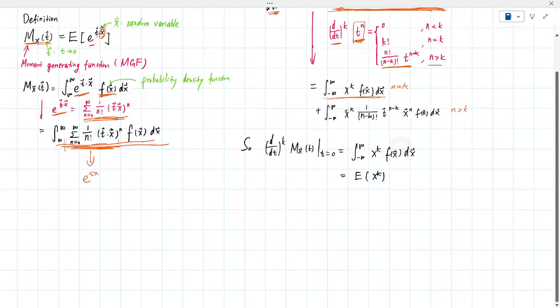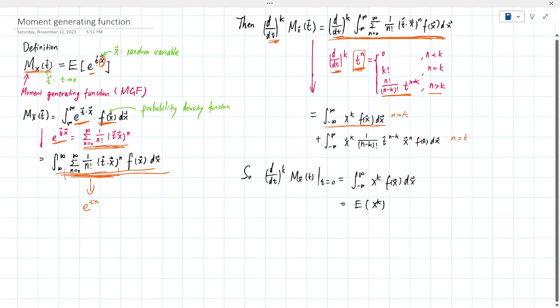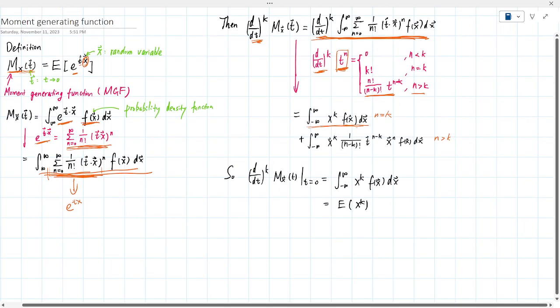By plugging this into here with a t to the nth power.